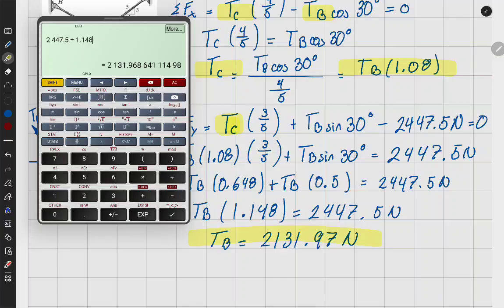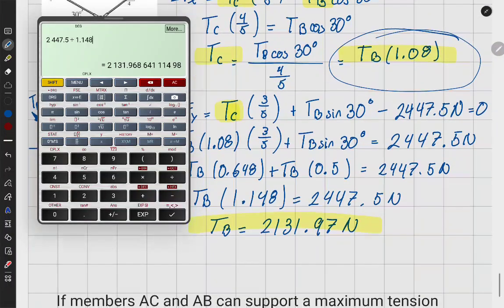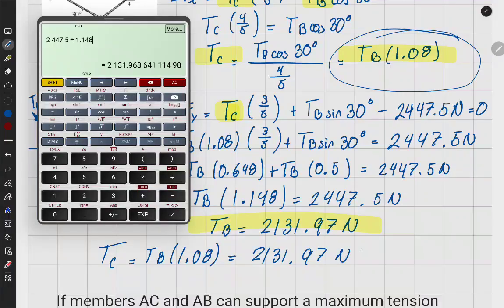And then once you know the tension in the cable B, you can substitute that value here to find the tension in the cable C. So TC equals TB times 1.08, so 2131.97 newtons times 1.08.